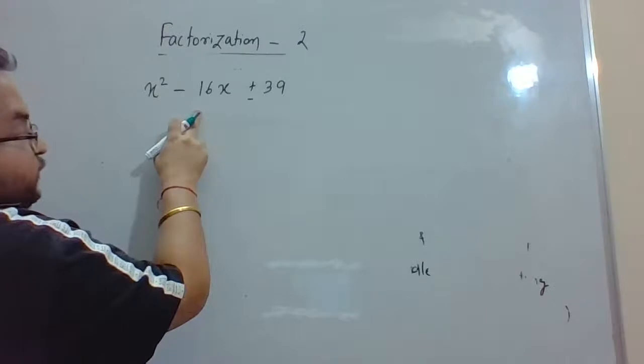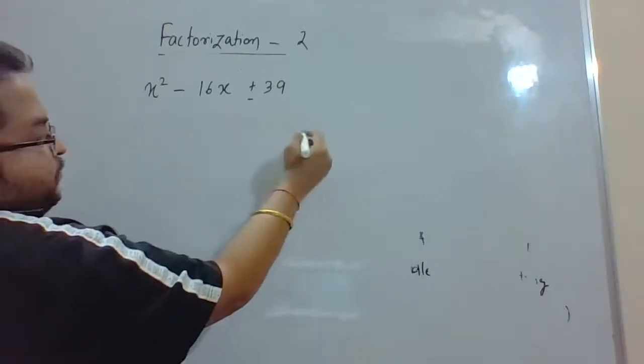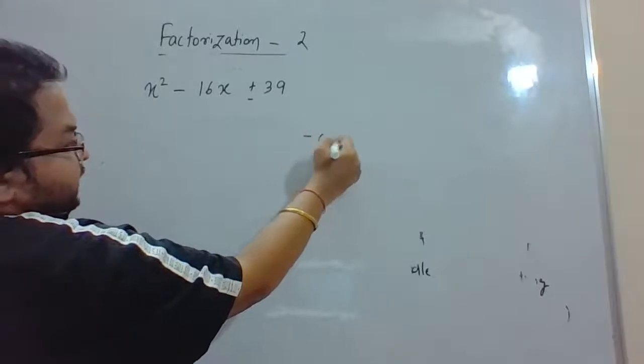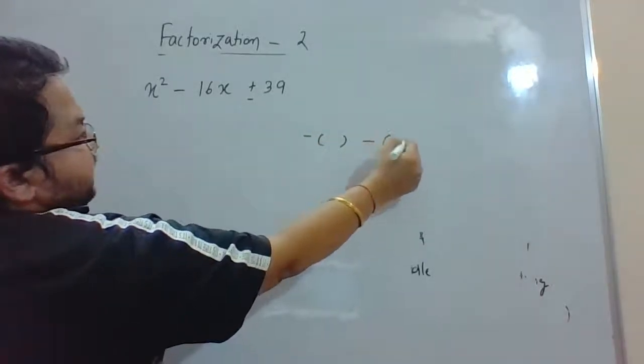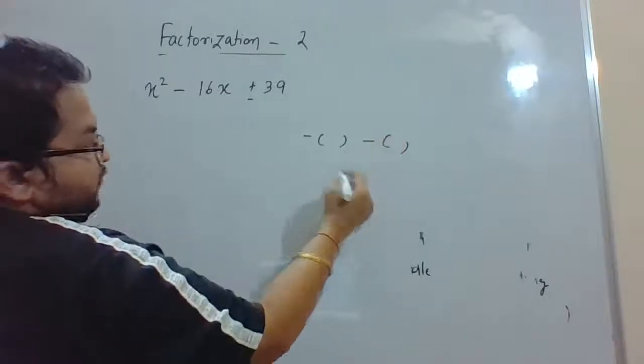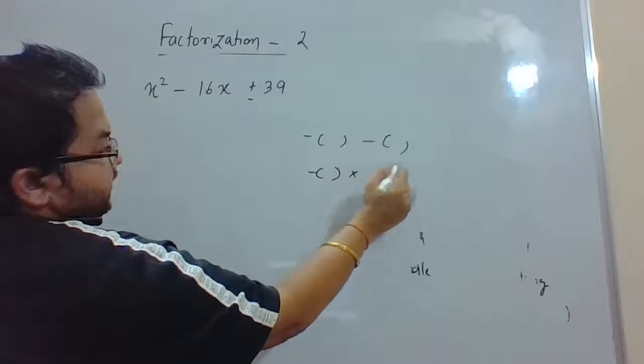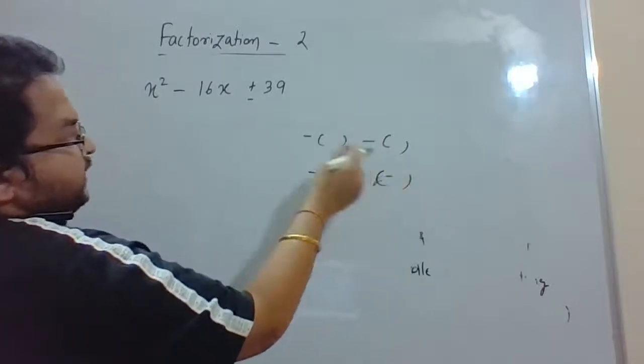Which means the way I split my middle term, it should be minus something and again minus something, so that the product, minus of something into minus of something, will be plus.